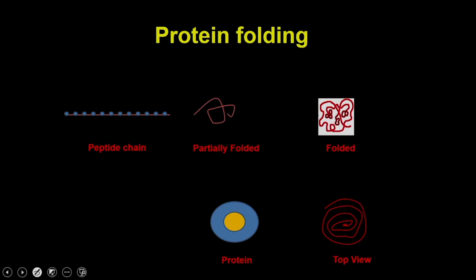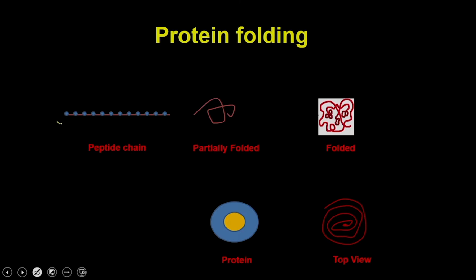Before getting into the details of gel filtration chromatography, it is important to understand how the protein is synthesized in the cell, and how that synthesized protein gets folded and adopts its three dimensional conformation.